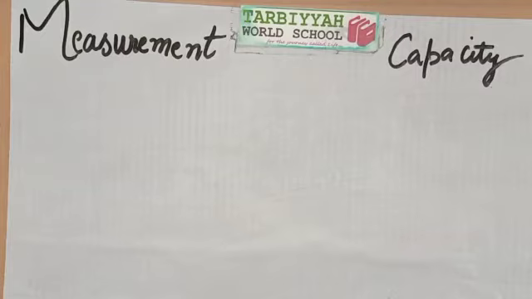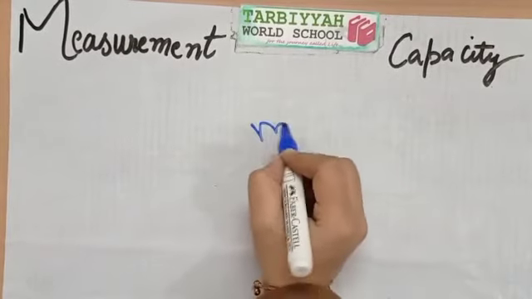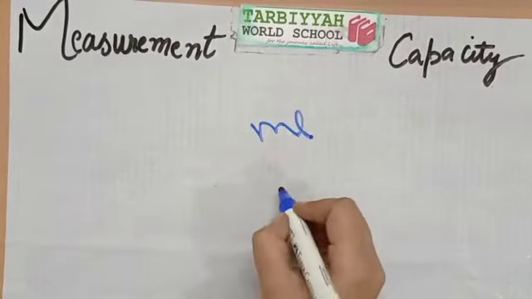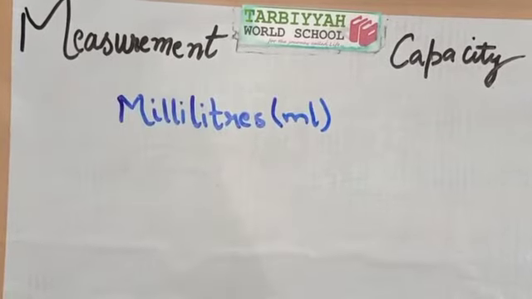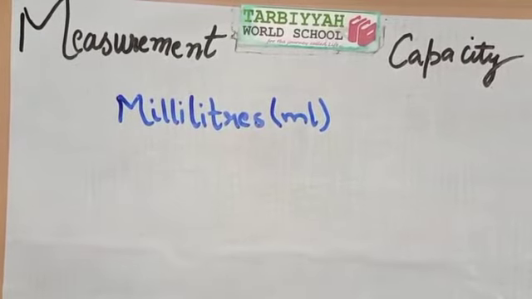To measure the capacity of a smaller container, we use milliliter, and for larger, liters. Milliliter is used to measure small quantities of liquid.